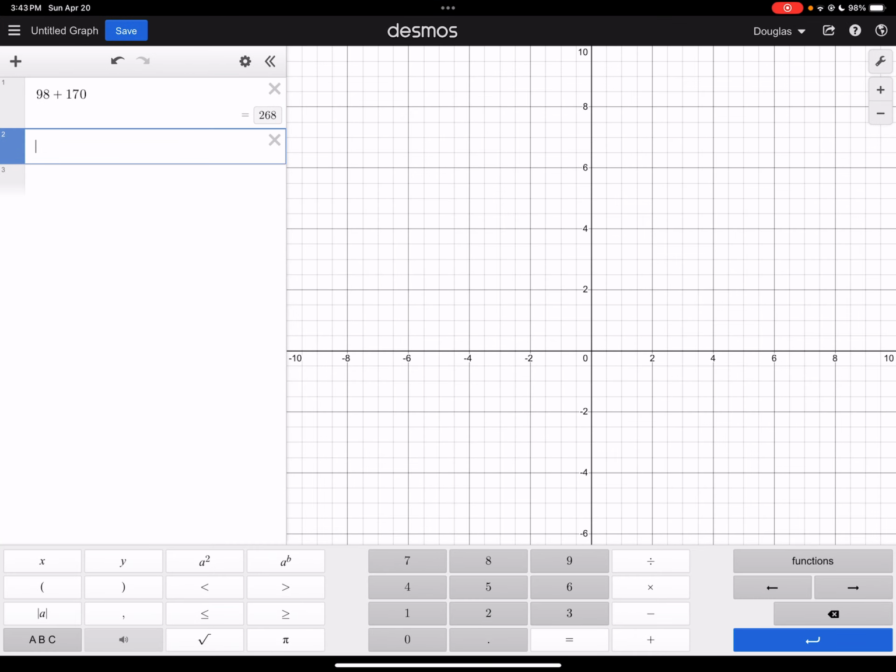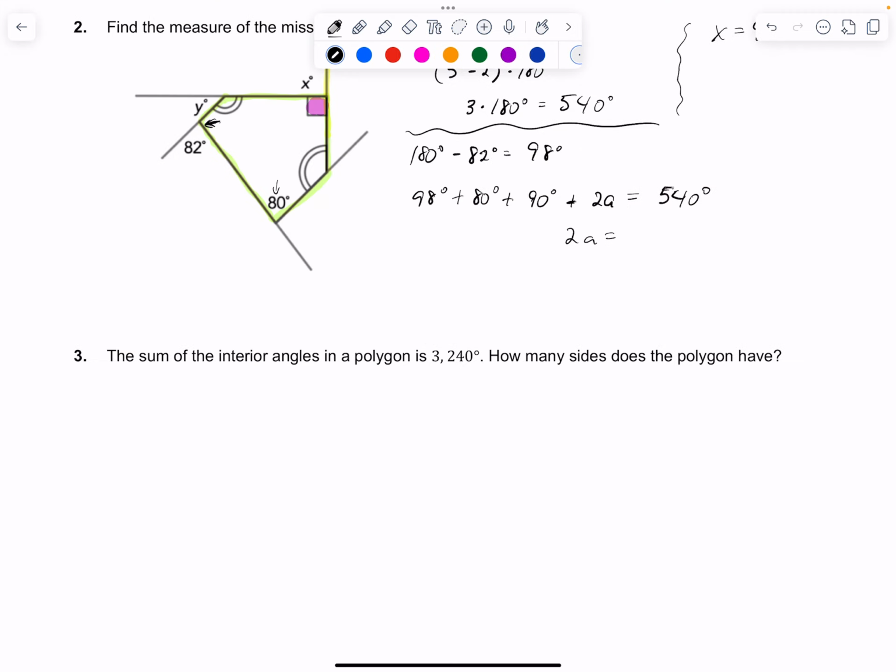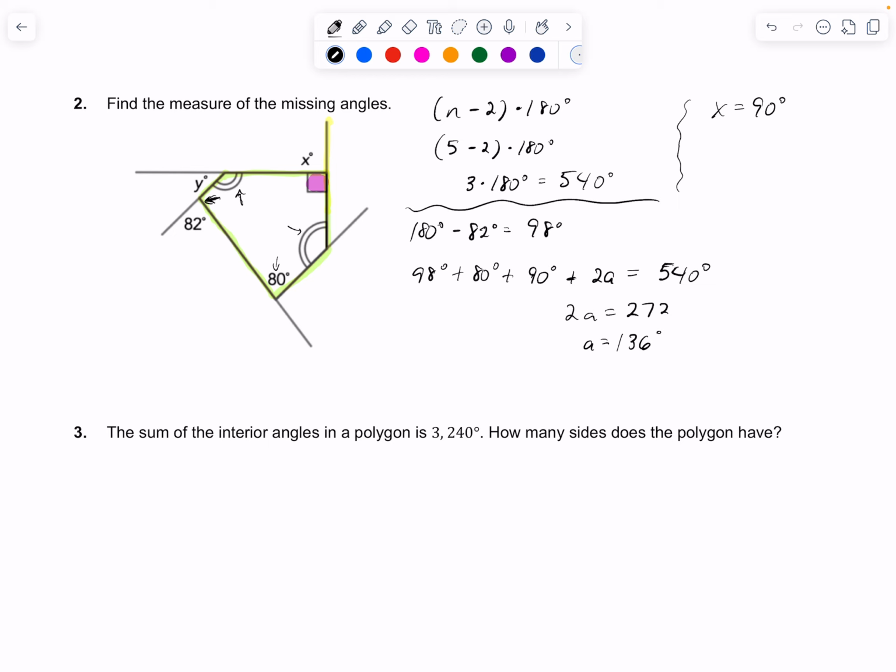All right, so 540 minus that, which is 272. All right, so 2a is equal to 272. So if I divide both sides by 2, then I get a is 136. So each of those angles here is 136. Now I know we're still not there yet. I still got to find y. So my very last thing is to find y, which is supplementary with that 136.